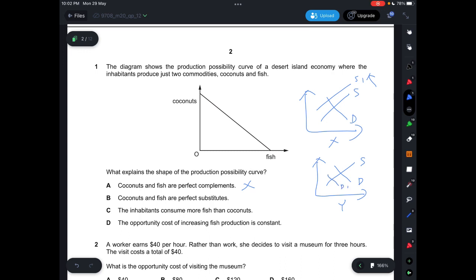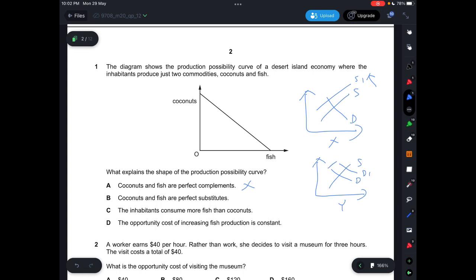Now, this means that both of them are complements because the price of good X is increasing and the demand for good Y is decreasing. So that means this is a negative number for the cross elasticity of demand. Likewise, say good X still has an increase in price, but for good Y you end up having an increase in demand.